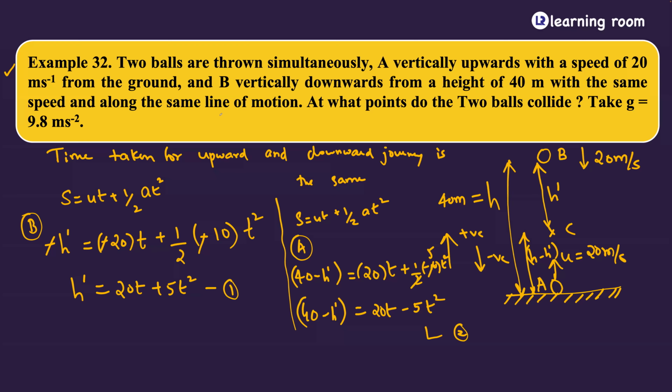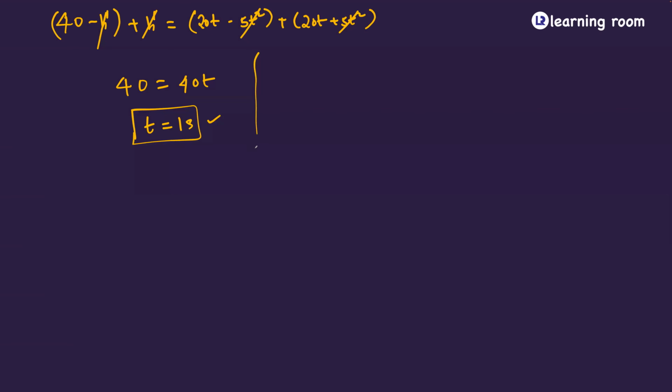Right? So when they meet after 1 second, take that and put it in any one of the equations, you will get the value for h dash. So when I take h dash is equal to 20t plus 5t square and put t is equal to 1 here, h dash will be equal to 20 plus 5, which will be 25 meter.